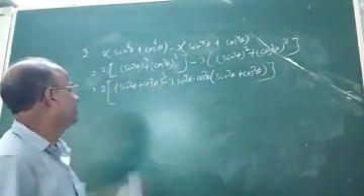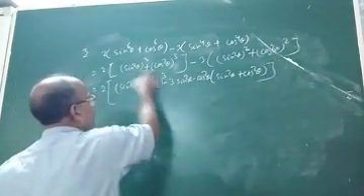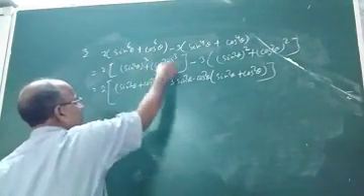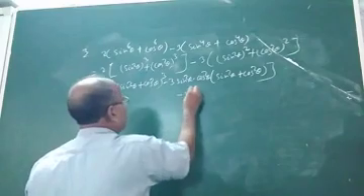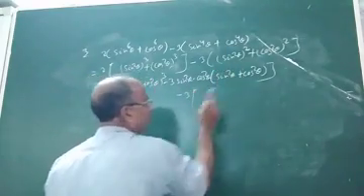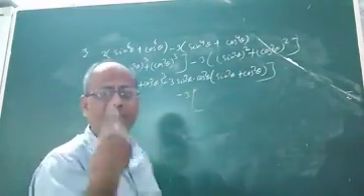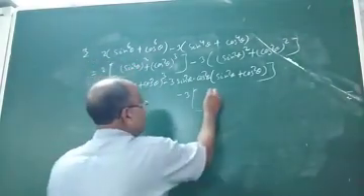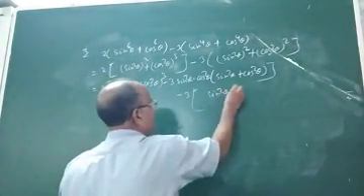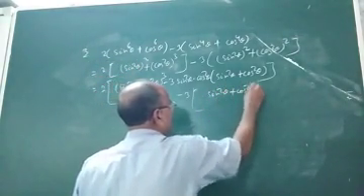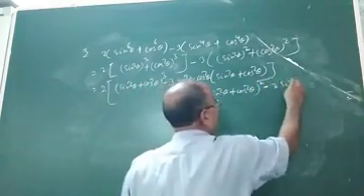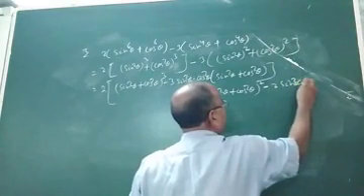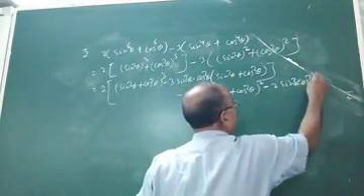So this will be the expansion of (sin^2 theta)^3 plus (cos^2 theta)^3: (sin^2 theta plus cos^2 theta) whole cube minus 3 sin^2 theta cos^2 theta into (sin^2 theta plus cos^2 theta). Similarly, minus 3 into A square plus B square, the formula is (A plus B) whole square minus 2AB. So it is (sin^2 theta plus cos^2 theta) whole square minus 2 sin^2 theta cos^2 theta.